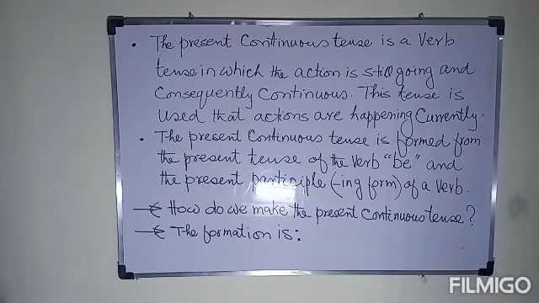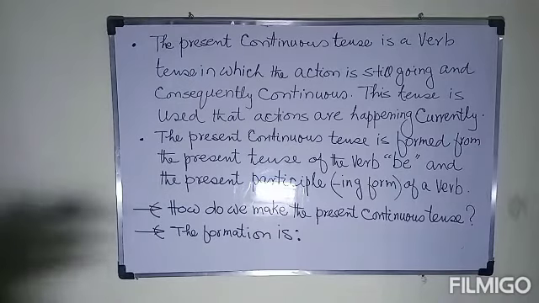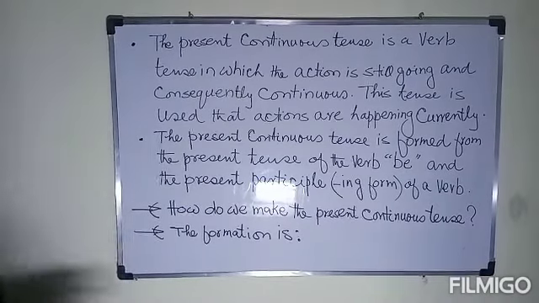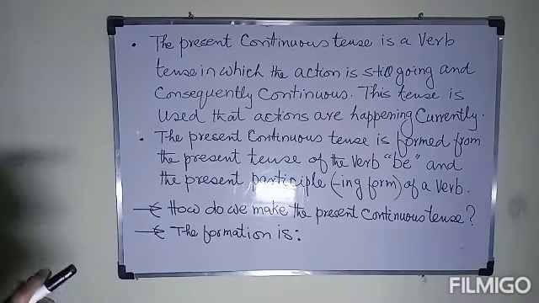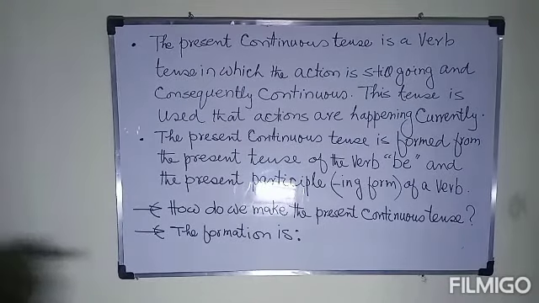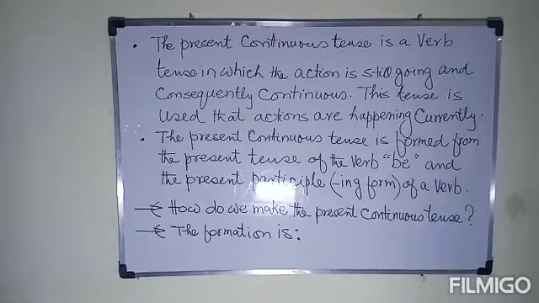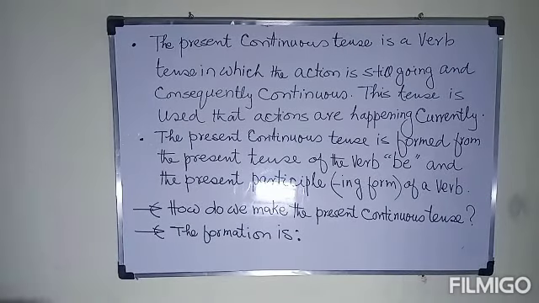Another definition is that the present continuous tense is formed from the present tense of the verb be. As I explained yesterday, to be is a verb, which means it includes is, am, are, was, were, etc., and the present participle, the ing form of a verb.